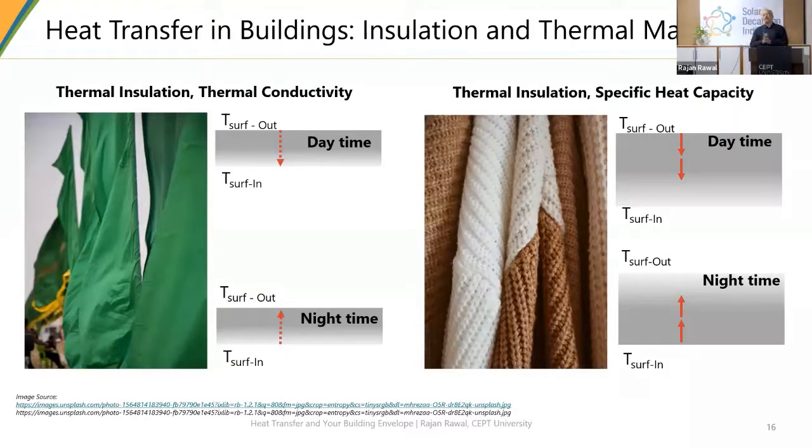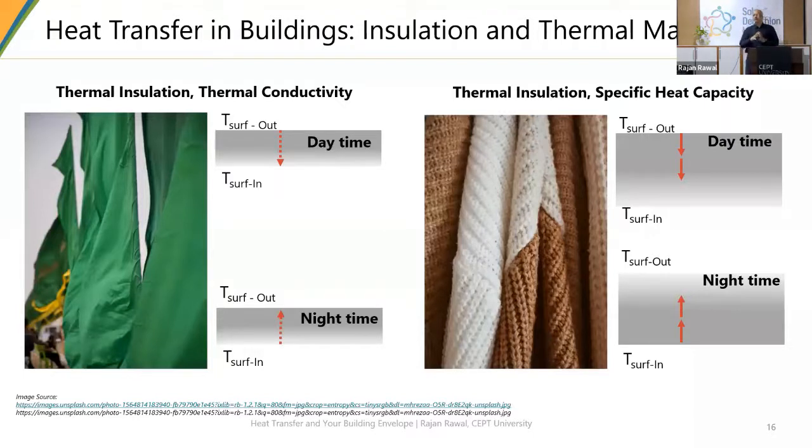Thermal insulation helps us to prevent transfer of heat. It's a sort of insulation which does not allow heat to come from one side to the other side. It's almost like a raincoat, where if you wear a raincoat on a rainy day, your skin will not get wet.